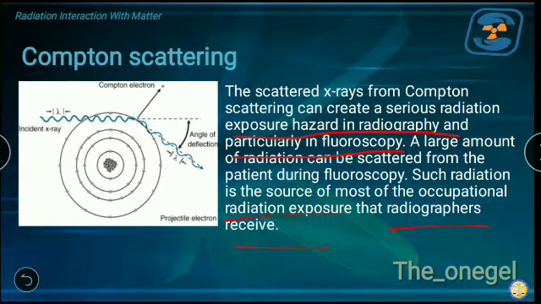Remember, in radiation protection, that is why we need personal monitoring devices and lead gowns, because there is Compton radiation, scattered radiation brought about by the Compton effect. So the source is of course the patient, not the X-ray itself.